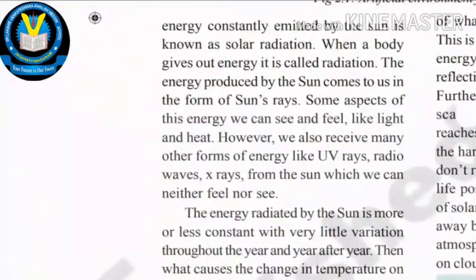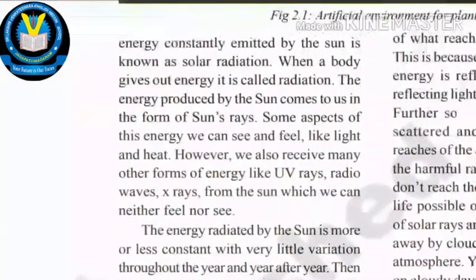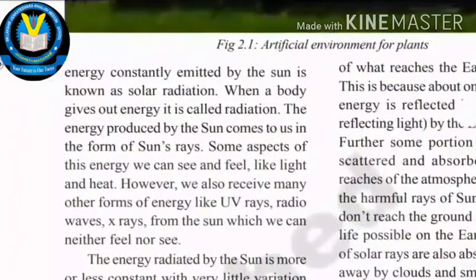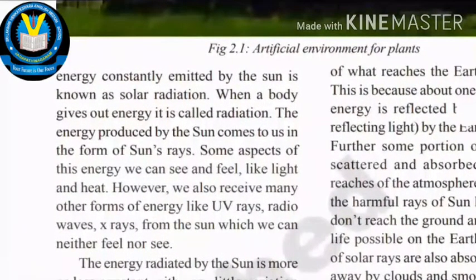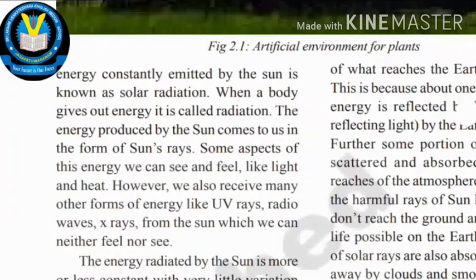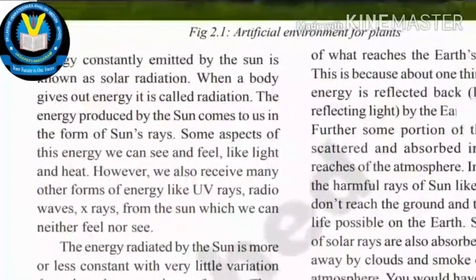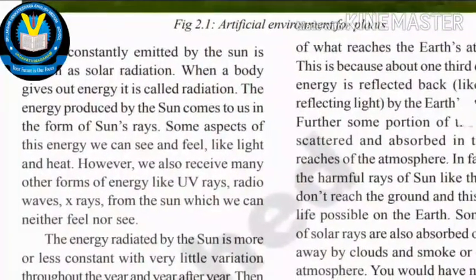Some aspects of this energy we can see and feel, like light and heat. Light we can see, heat we can feel. However, we also receive many other forms of energy like UV rays. They are called ultraviolet rays, radio waves, and X rays from the sun, which we can neither feel nor see.